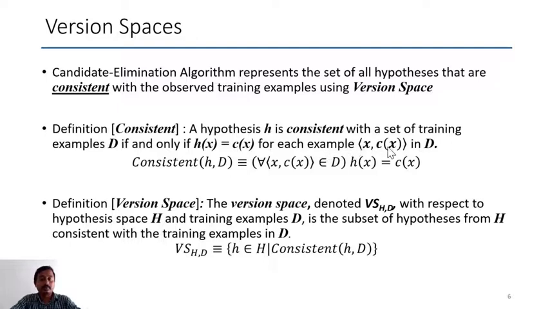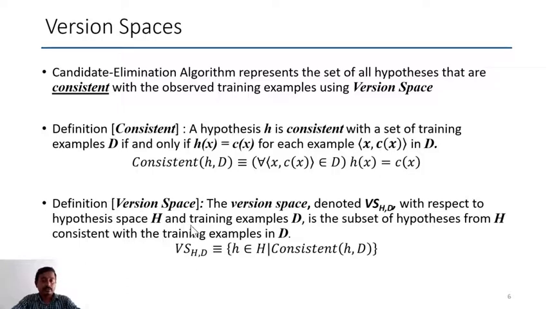Every example is represented by the pair x and the target concept function of x in D, where D is a set of training examples. As discussed earlier, if H of x equals C of x, then H is consistent with that example. Then we will see the definition of version space.